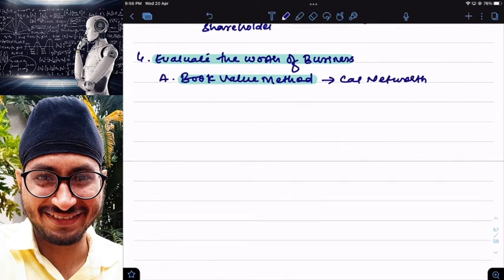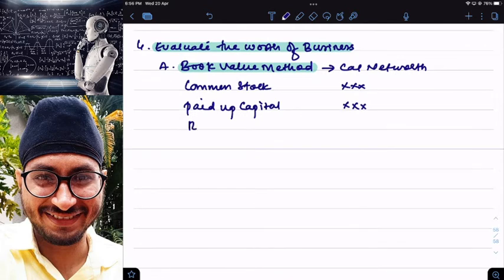I'll give you the formula. Let us say, common stock shares, that is your equity shares. Then we have paid up capital, and then retained earnings.